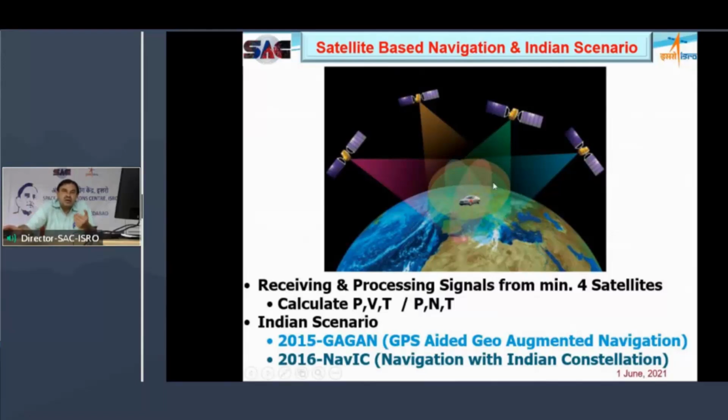Since a geosynchronous satellite will always be stationary, it will look towards only one portion of the earth, so there is a limitation. But if it is in a MEO orbit, that is what I mentioned, 20,000 kilometers height, or a LEO orbit, then since the earth is moving, they will cover the whole globe, but you need more satellites. So that is the trade-off between the number of satellites needed and the navigation requirements of any particular country.